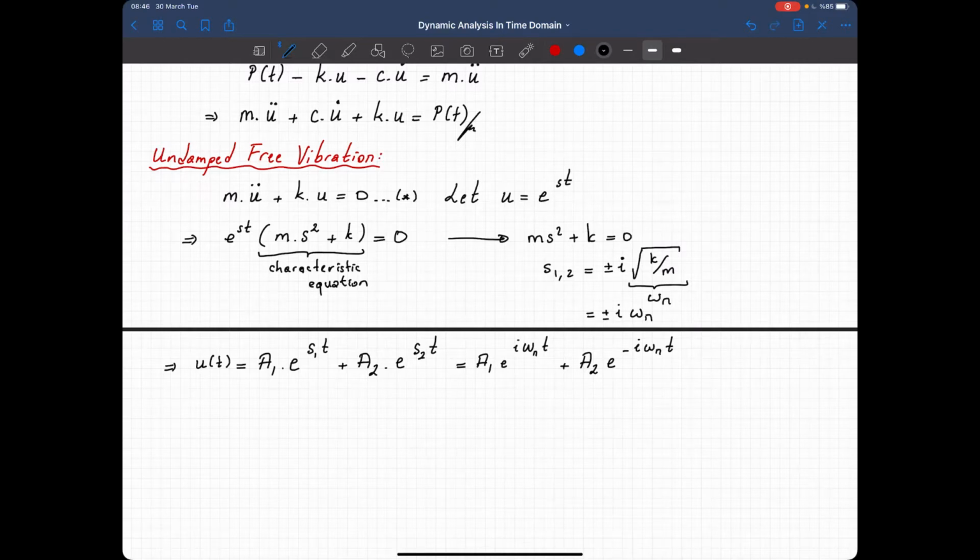Now, if we recall what the cosine of x in the complex space is equal to, that's cosine x equal to e to the power ix plus e to the power minus ix, divided by 2.